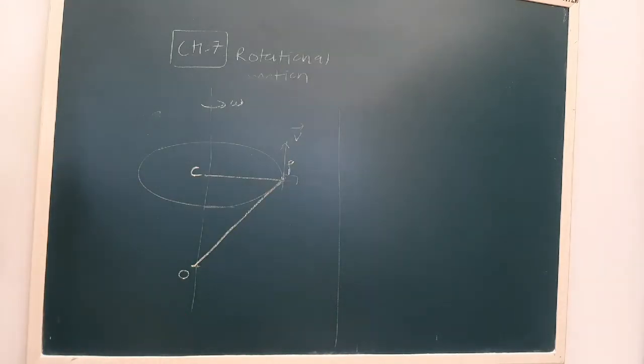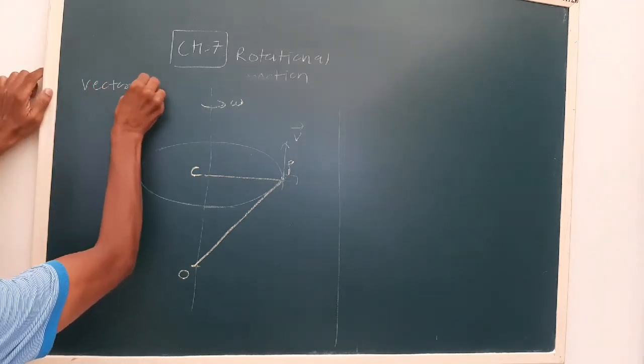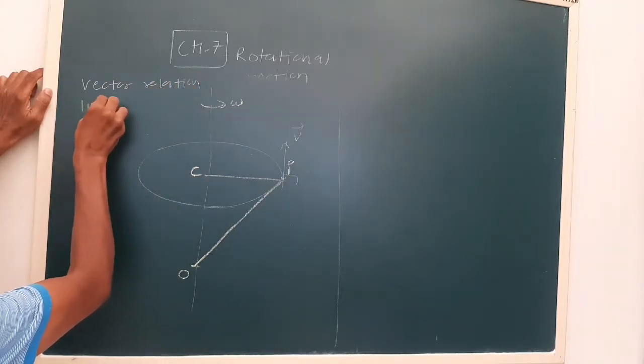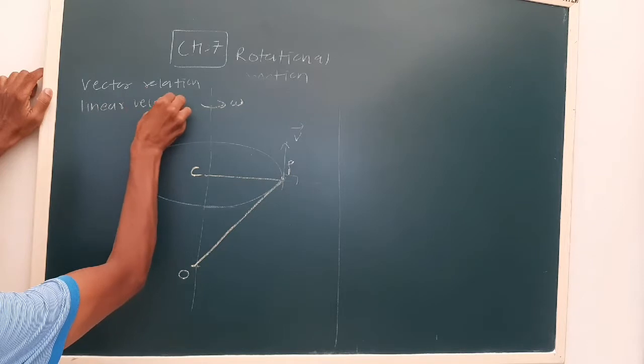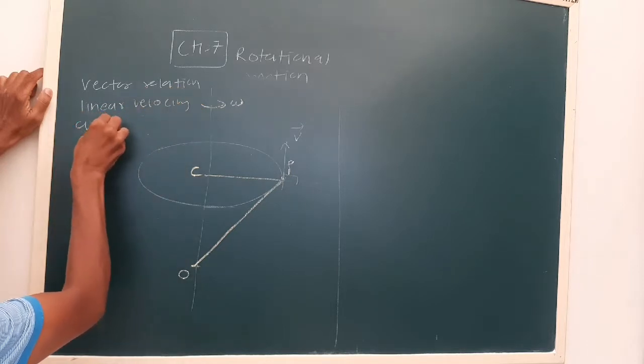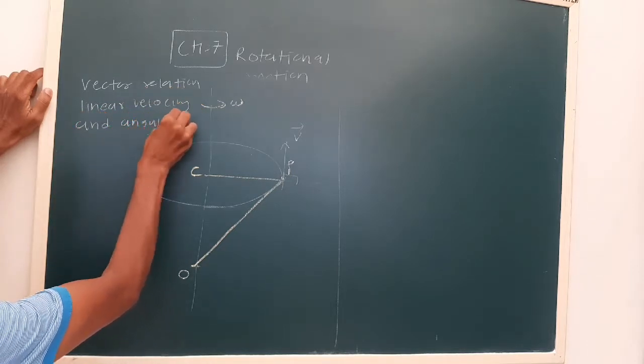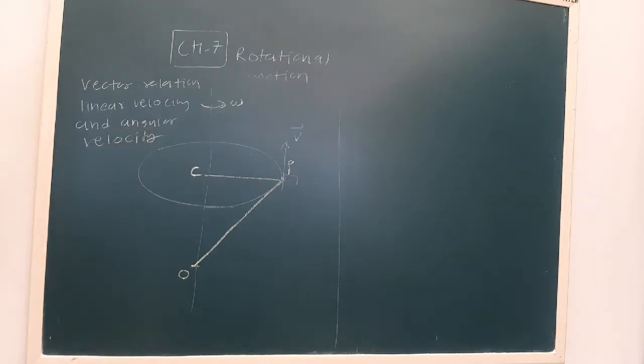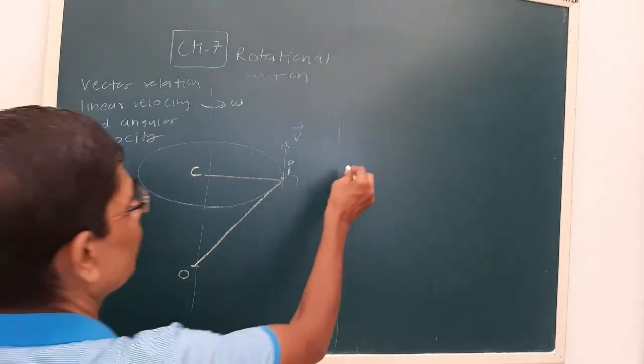Here we have to establish the vector relation between linear velocity and angular velocity. Here we have to derive the vector relation. Now V is equal to omega cross r.